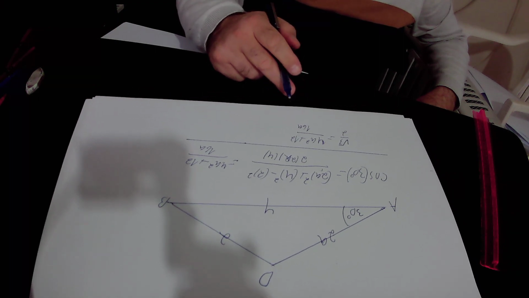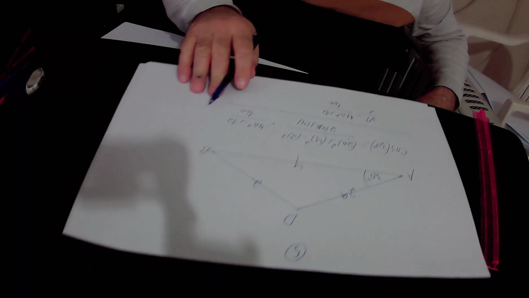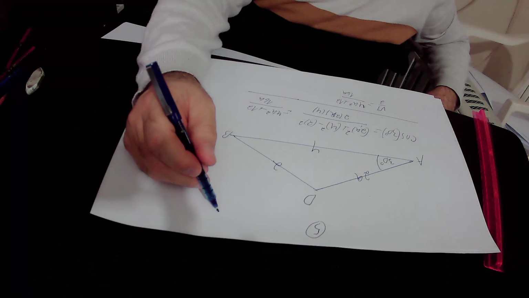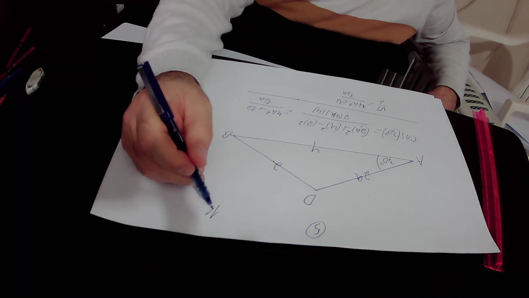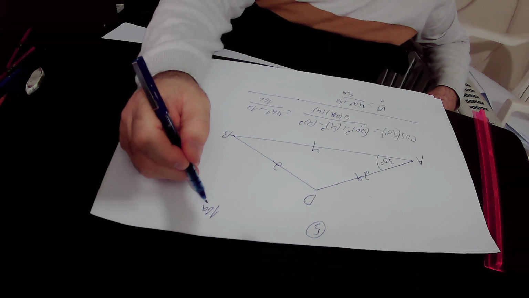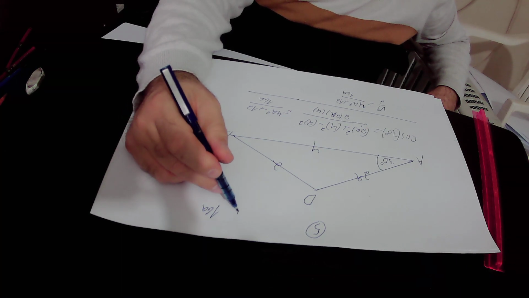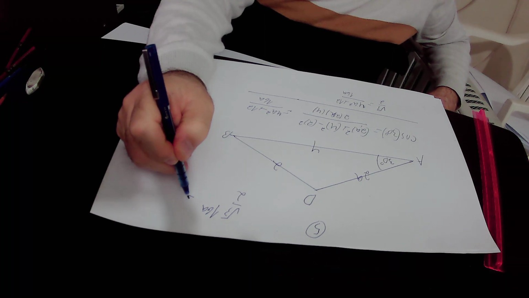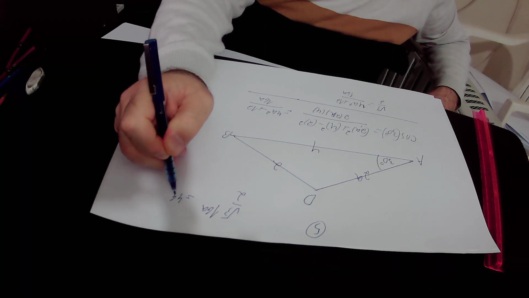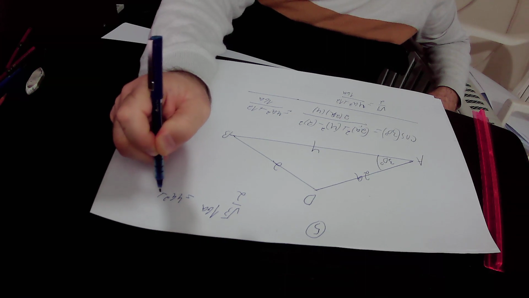Here we will multiply this equation by 16a and we will get that 16a times square root of 3 over 2 equals 4a squared plus 12.